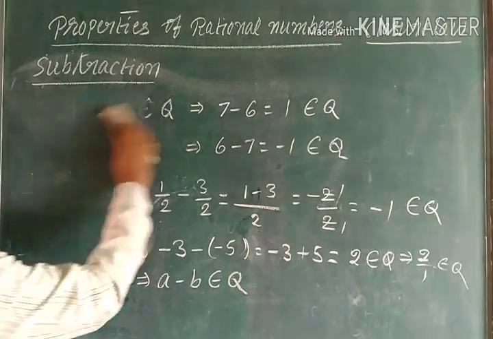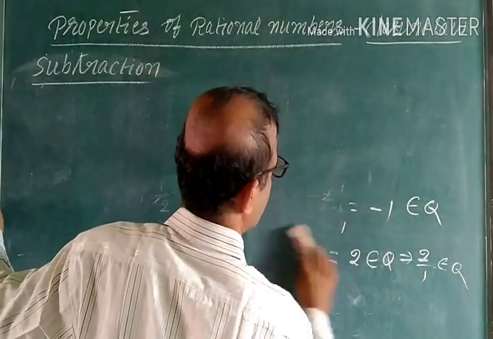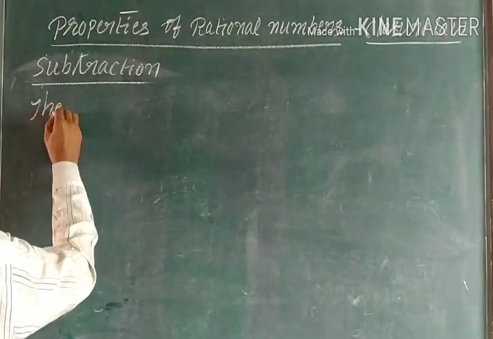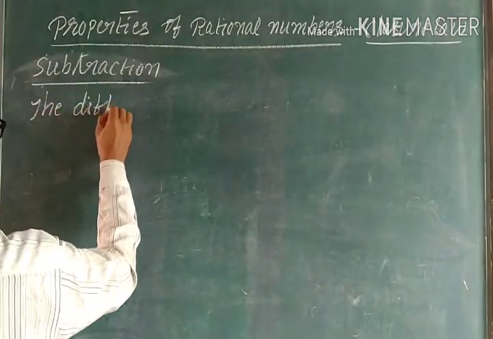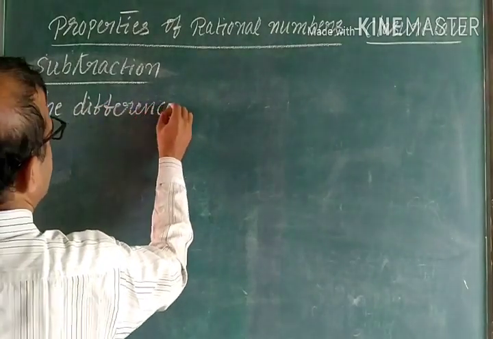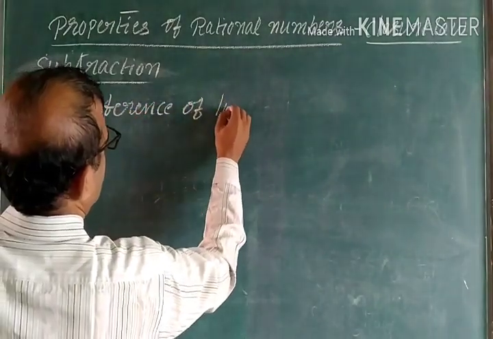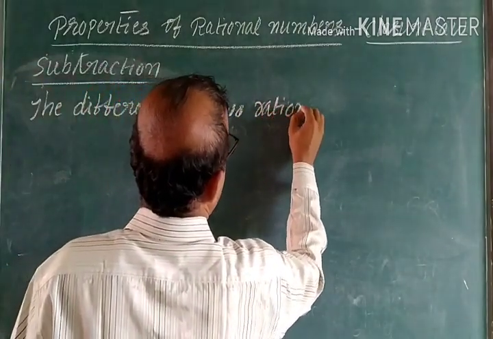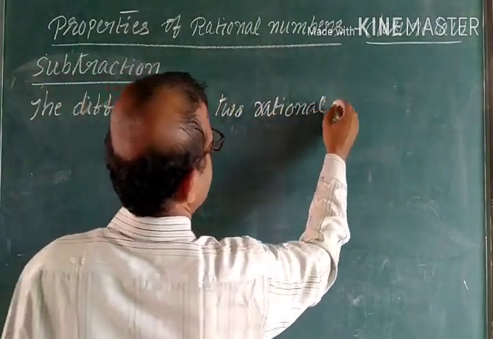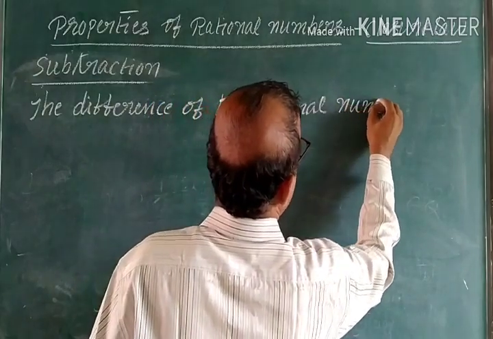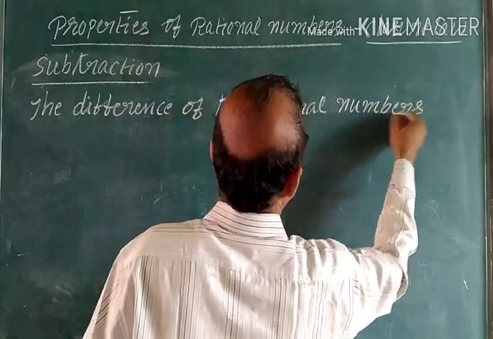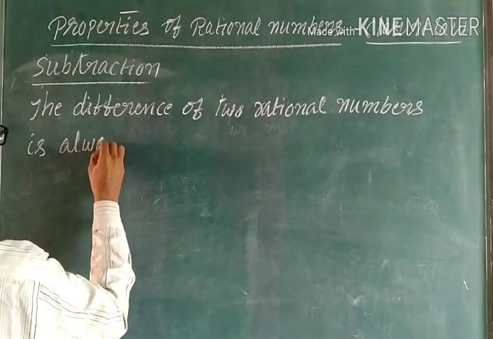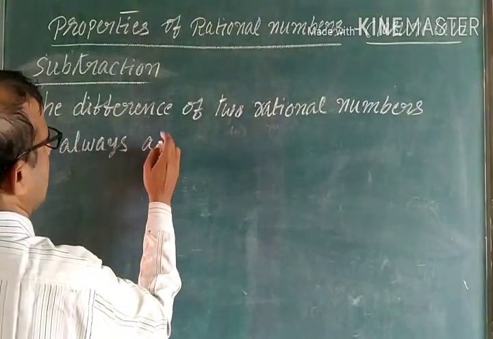Therefore, we concluded that the difference of two rational numbers is always a rational number.